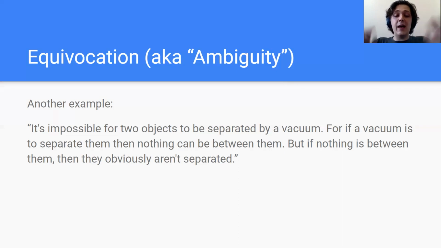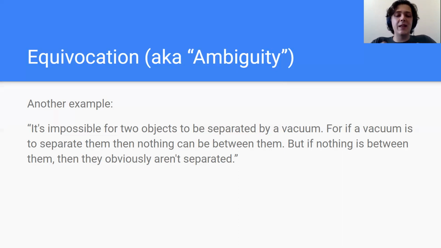But if they're separated by a vacuum, then there's nothing between them. No air, no water, no nothing. And that's true. If there's stuff between them, like air or water, then there's no vacuum there. So if two objects are separated by a vacuum, then there's nothing between them. That's a true premise.